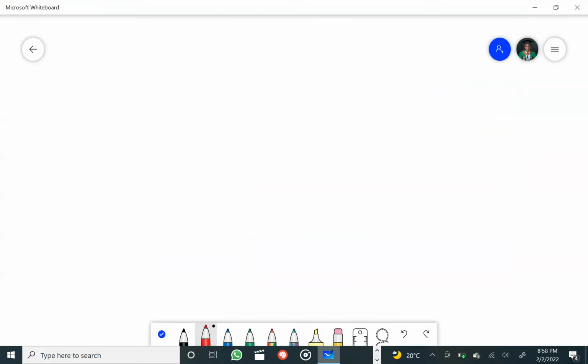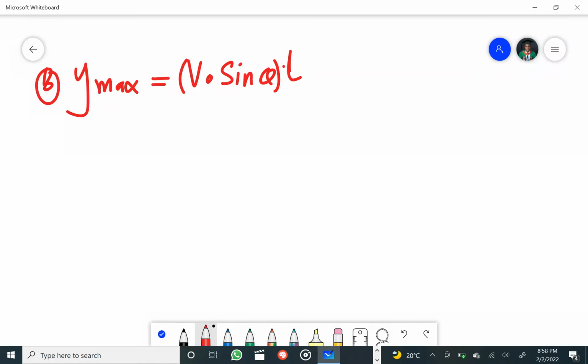We are just looking for the vertical displacement. So this is the equation we are going to use. It's going to be sine theta and then the time it took to reach the maximum point, which is what we found in the earlier example. And then we're going to have g then time squared.